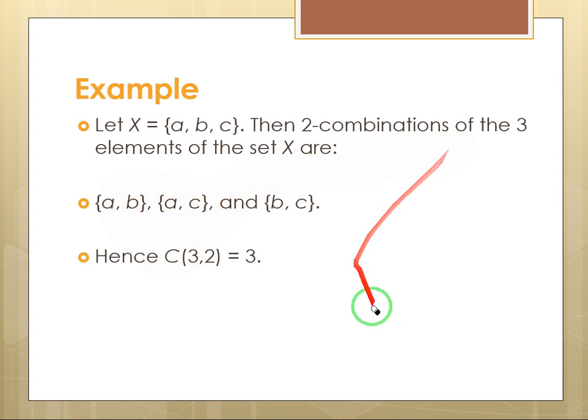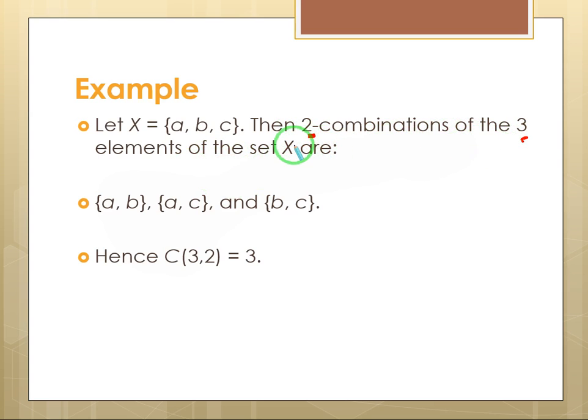Coming to an example, let X equal {a, b, c}. What is the 2-combination of the three elements? We have a total of three elements, and we need to combine two.